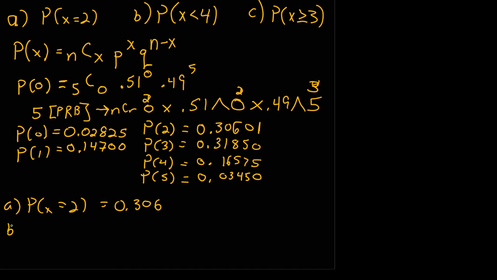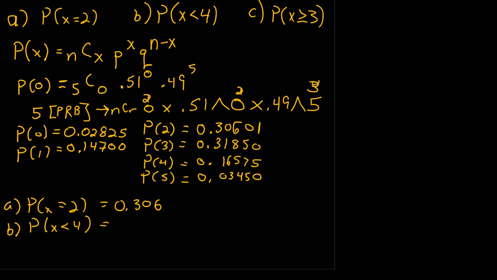Now for the probability of X being less than 4, I need to add the probabilities that come before 4. So I need to add these 4 probabilities here: 0.02825 plus 0.14700 plus 0.30601 plus 0.31850.